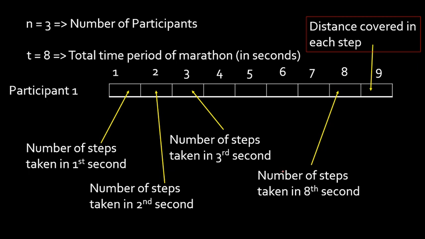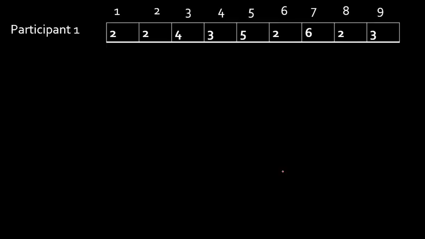What do we mean by the distance covered? Let us analyze how this works, then we shall start coding. Let me consider some random sample data. What is this data saying? The first cell represents the number of steps taken in the first second.